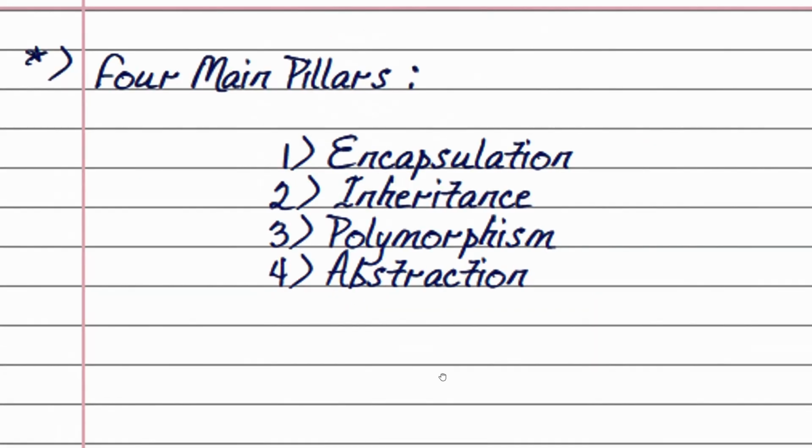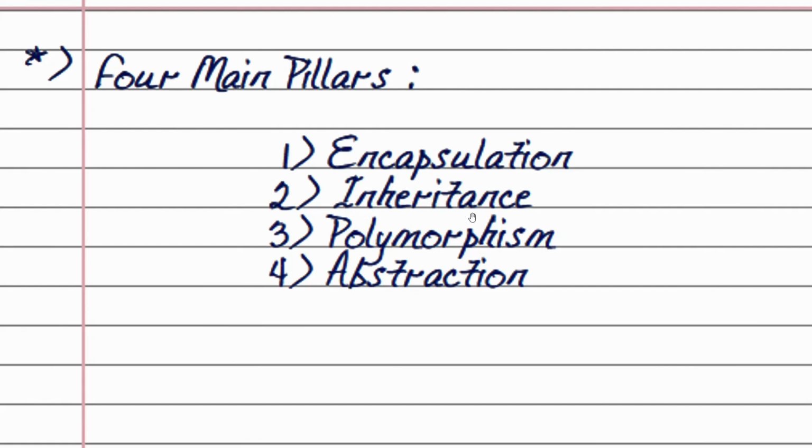So let's see the four main pillars of OOPS. First is encapsulation, inheritance, polymorphism, and data abstraction. Encapsulation is basically wrapping of data into a single unit. Next is inheritance.